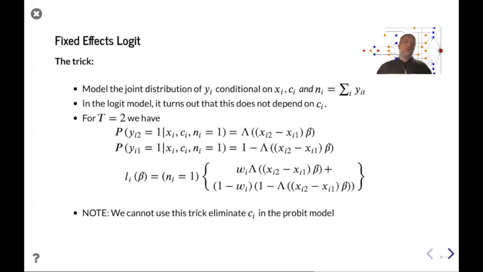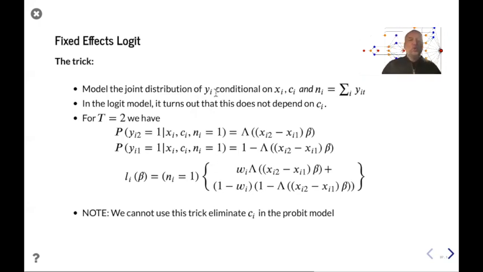Here are a few words, just briefly, on the fixed effects transformation. The trick is the following. Recall that we could not just do a transformation like a first difference and make c_i disappear from the equation. We have to do something else, okay? It turns out that it's actually feasible in the context of a logit model.